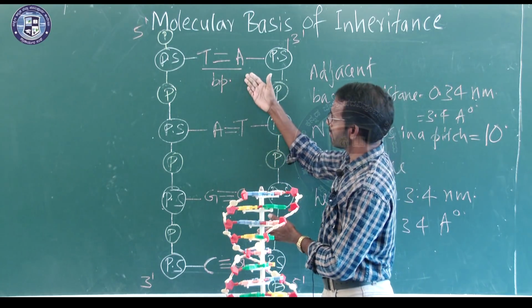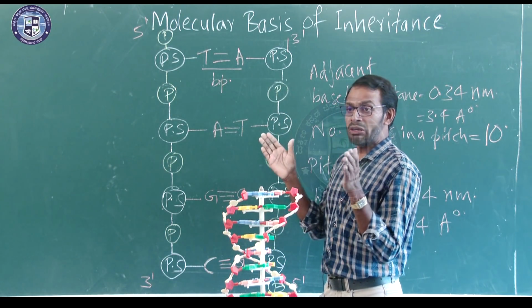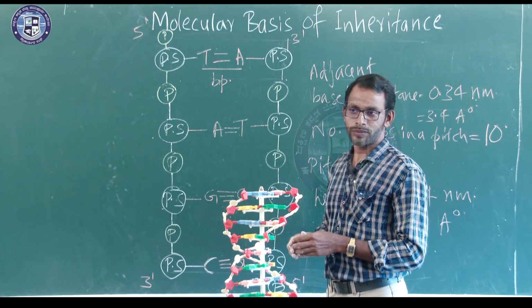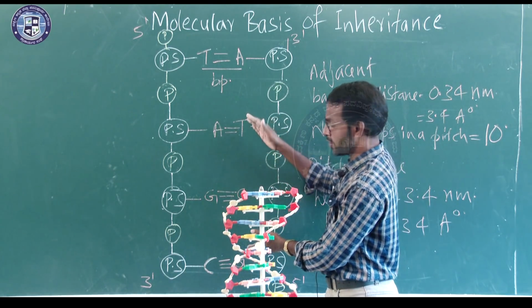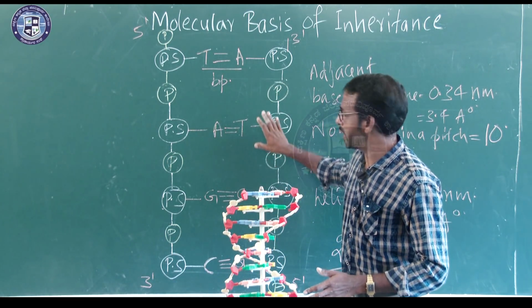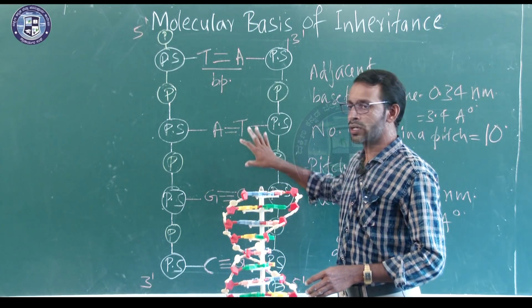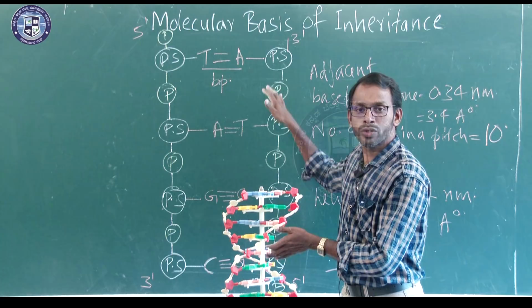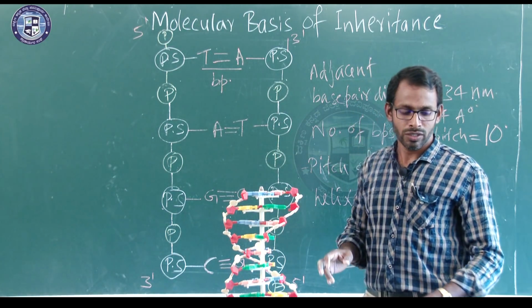Now you see, it is providing n number of possible patterns, and at the same time a particular DNA may possess a varied number of base pairs or varied number of nucleotides in its structure.